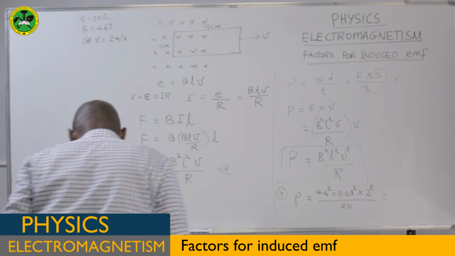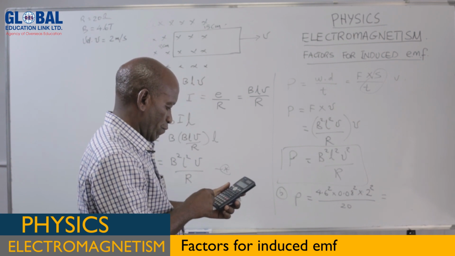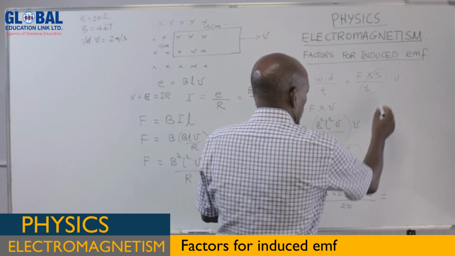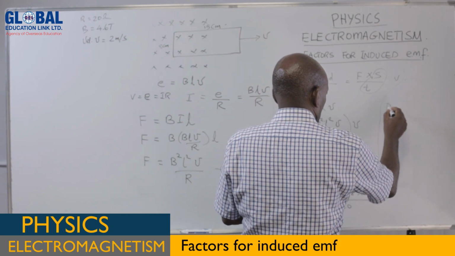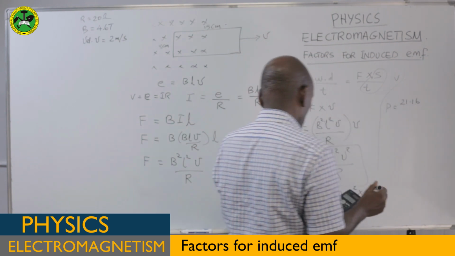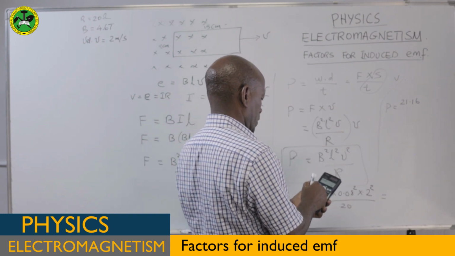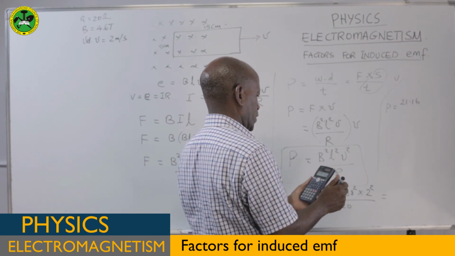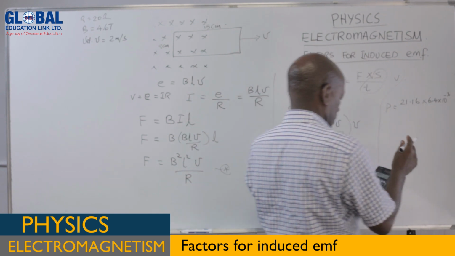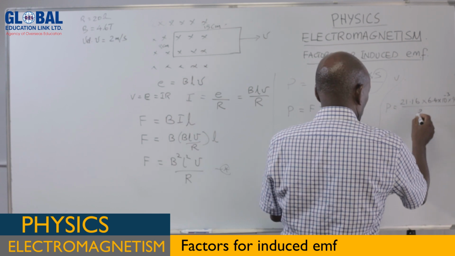If you compute this, 4.6 squared gives you 21.16, and 0.08 squared gives you 6.4 times 10 to the power negative 3, and 2 squared is 4. The whole of this you divide by 20.